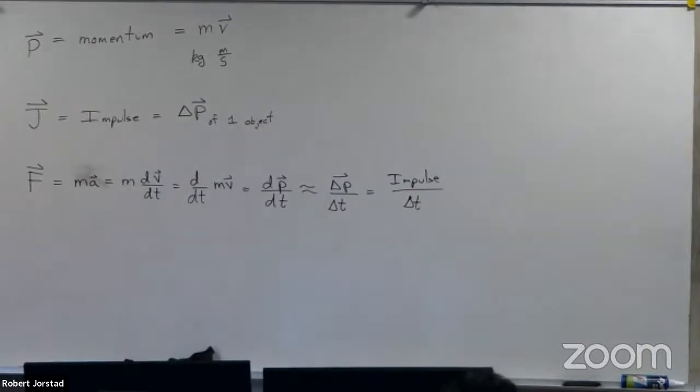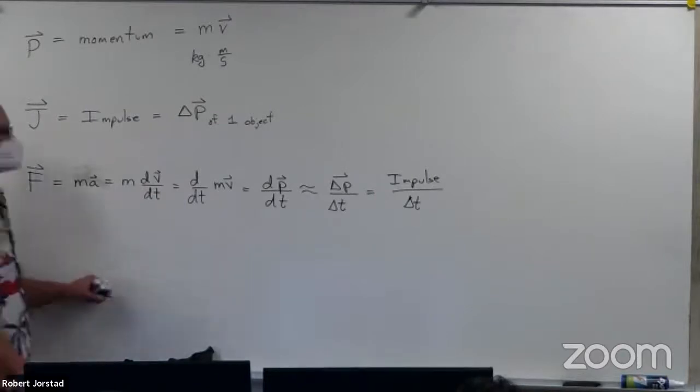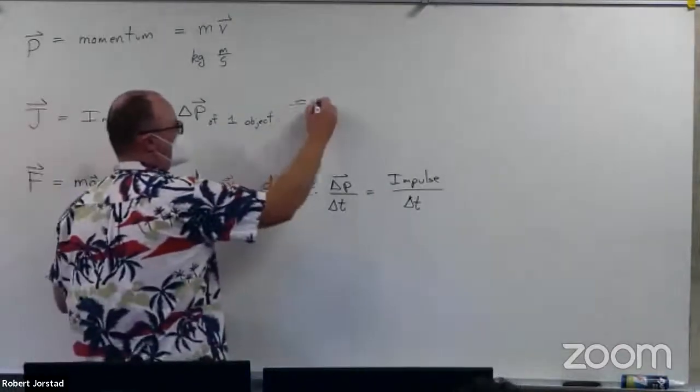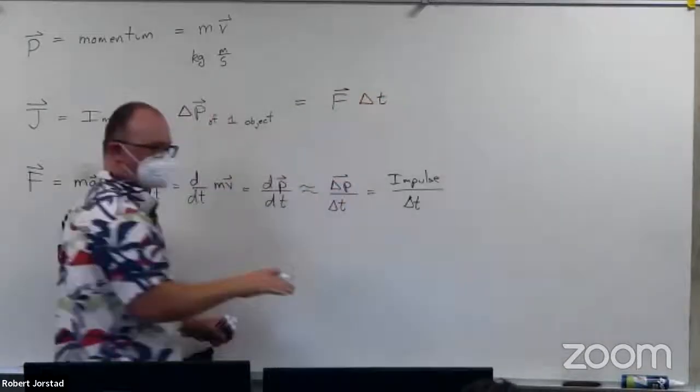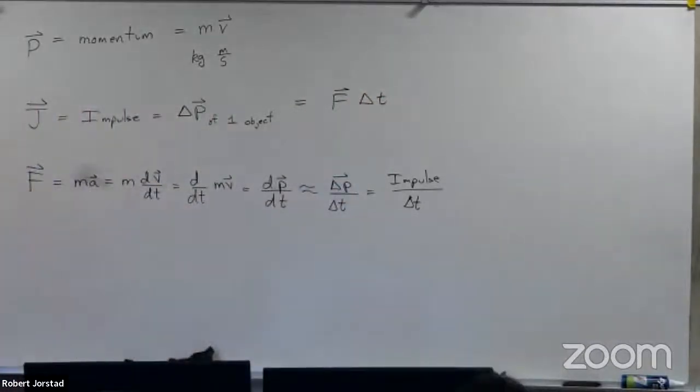All right. So sometimes we will write impulse in a different way. And this is all kind of summarized on that page in there. So force, momentum, impulse, time are all related.